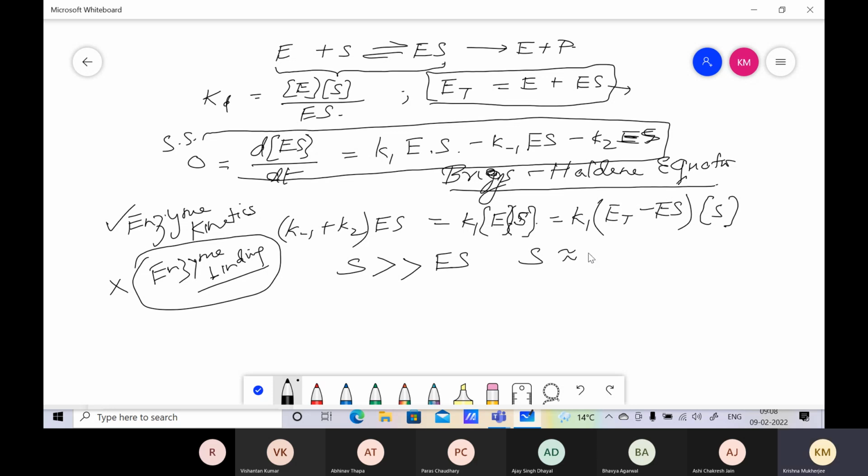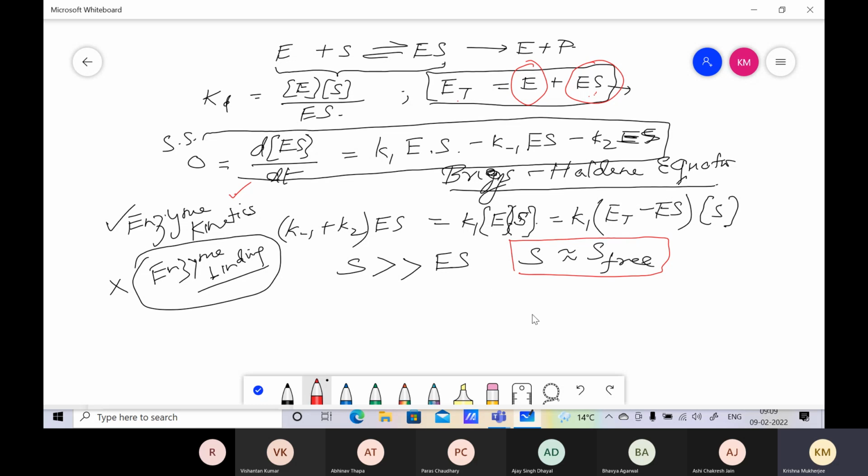For all practical purposes, S is S free. The enzyme, however, partitions into two components, and we calculated fractional saturation from ES divided by ET. For substrate, this approximation applies when we are doing enzyme kinetic studies.